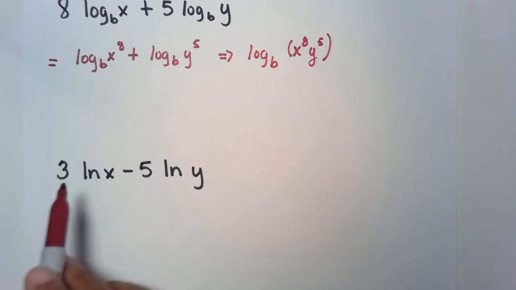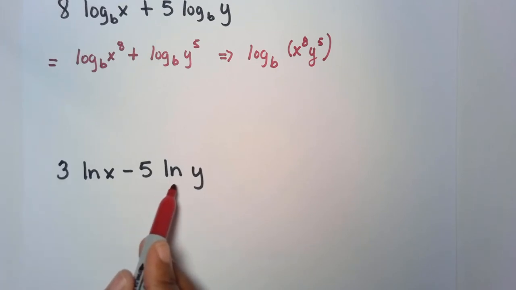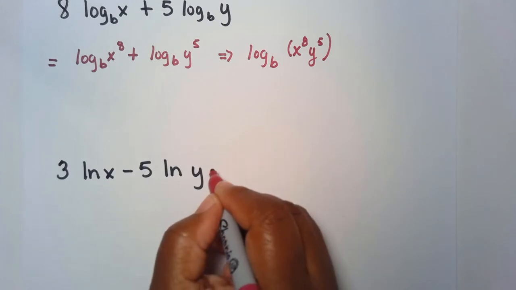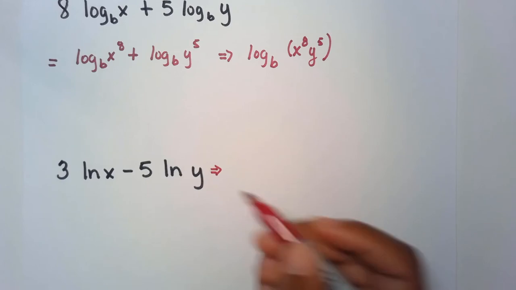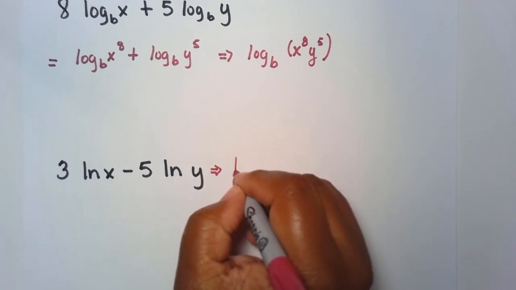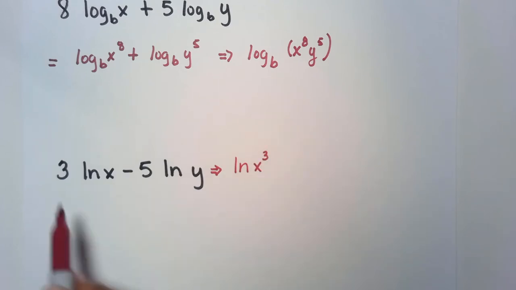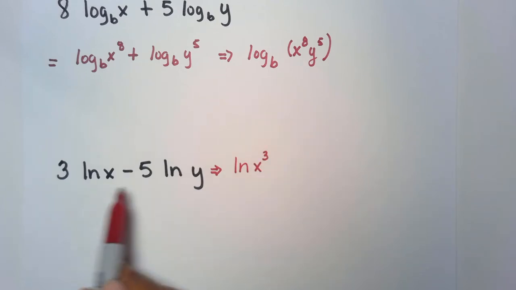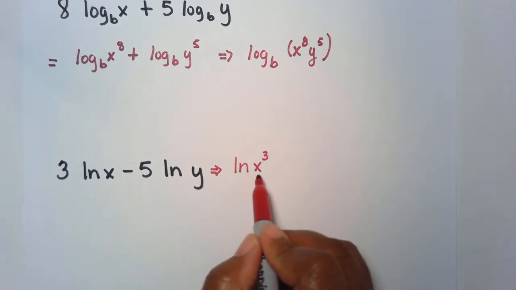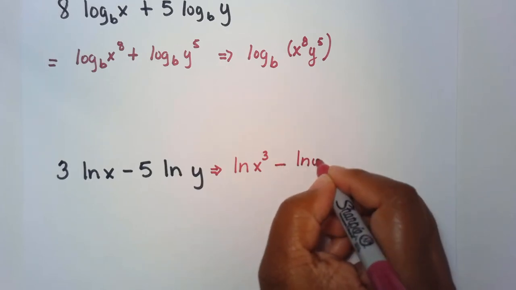Next example, similar to what we just did, but this time instead of the written word log, we have the natural log ln. So here we go. We're going to use the power rule first. So we have here ln of x to the third. Let me read the question. 3 times the ln of x minus 5 times ln of y. So we have ln of x to the third minus ln of y to the 5th.